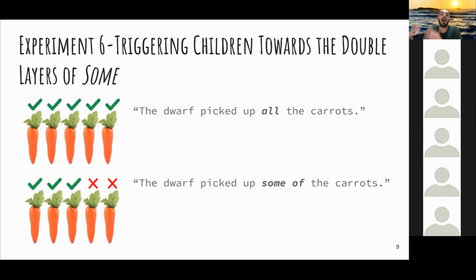Somehow this made salient the greater appropriateness of using some in an implicature-supporting context, right? So it was really the presentation of the all-false situation that somehow led them to improve their pragmatic performance with some. This was specifically the critical manipulation that they added in this experiment, right?